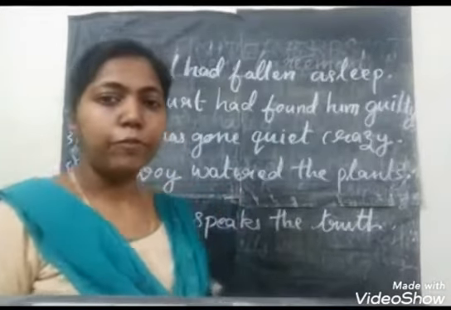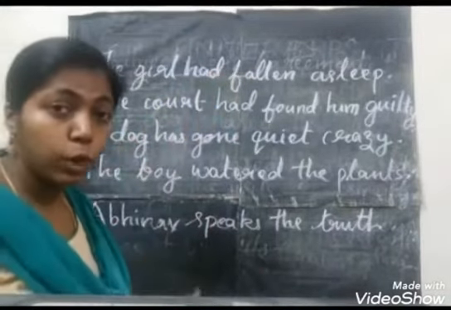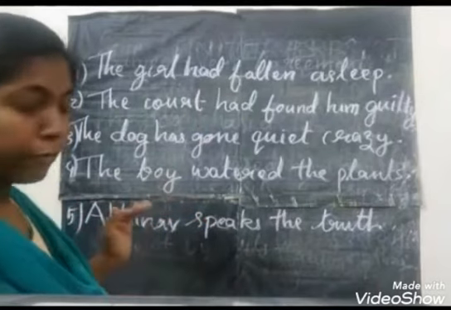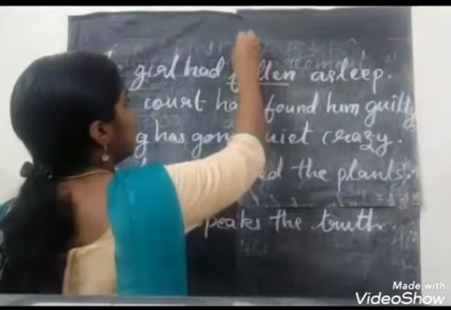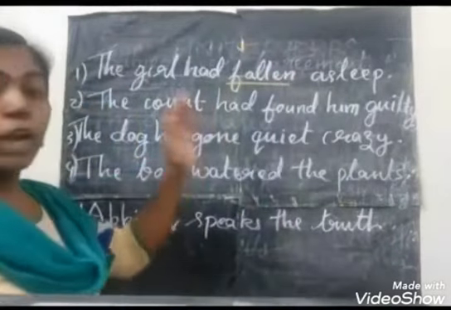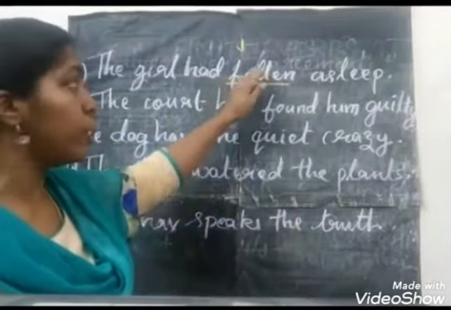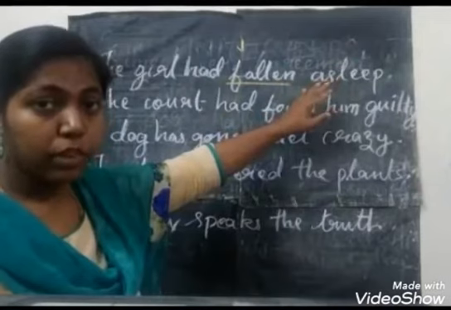Now look at the first sentence: The girl had fallen asleep. Which is the verb here? The verb is fallen. Now you have to find whether this verb is transitive or intransitive. Look at the word that is coming after the verb.